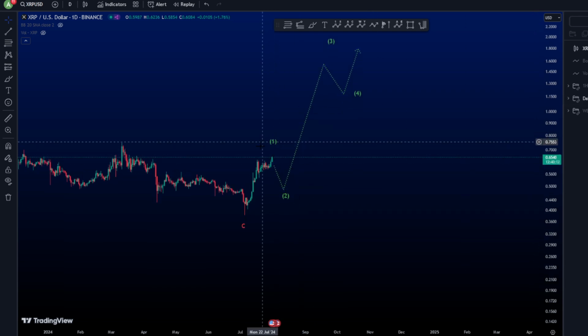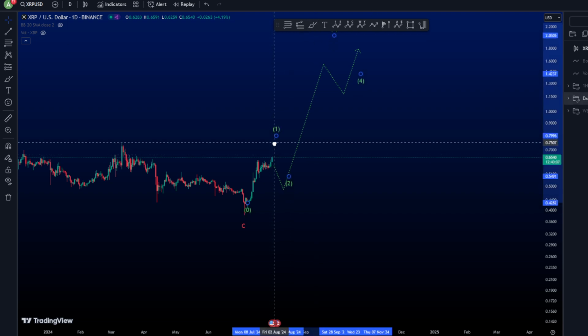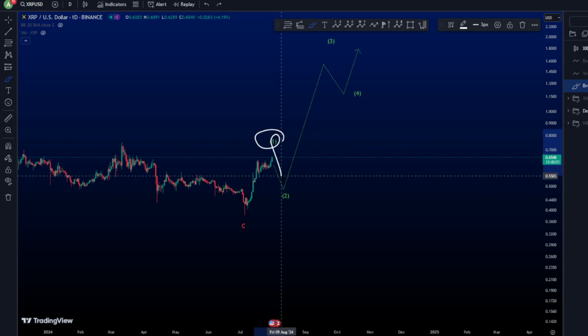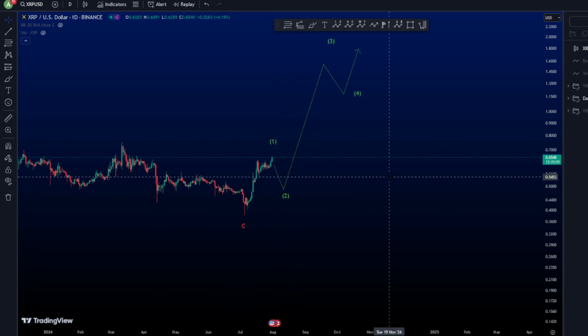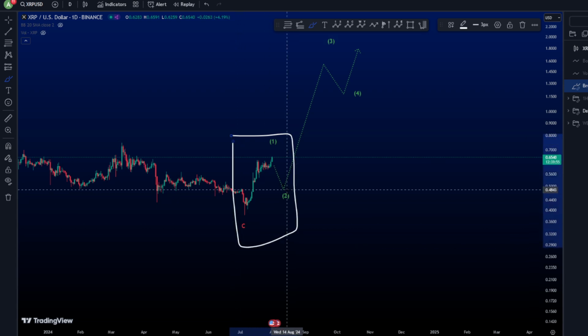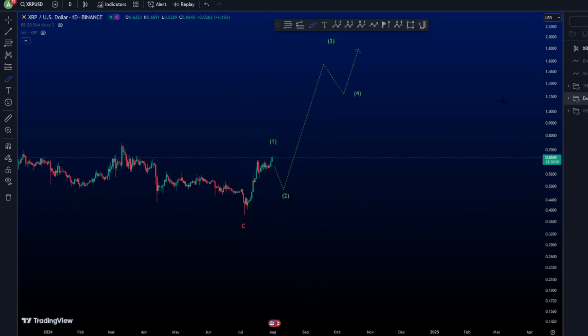However, the wave 1 is still not finished yet. It has not claimed the wave 5 of 1. So we are expecting higher price to finish the wave 1 first and then move down to the wave 2. Now we're going to see closer inside this area to see where the wave 5 of 1 can finish.